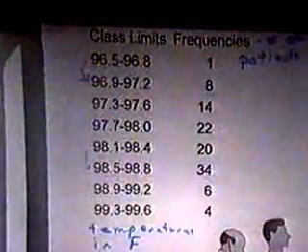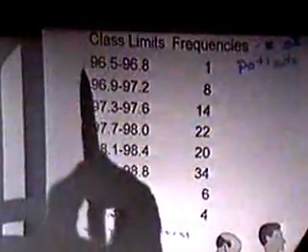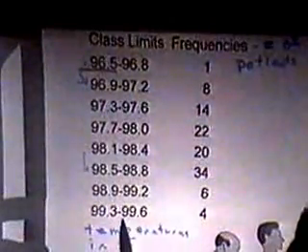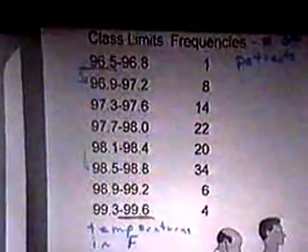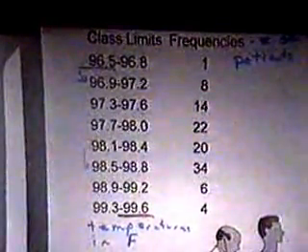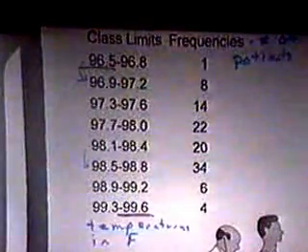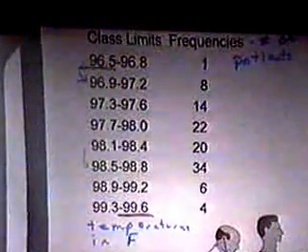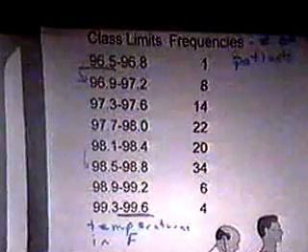This one we worked with earlier, it's easier to see that the smallest temperature was 96.5 and the largest temperature was 99.6. So if you had all of these 100 temperatures all listed in no particular order, it would even be hard to see the largest and the smallest.